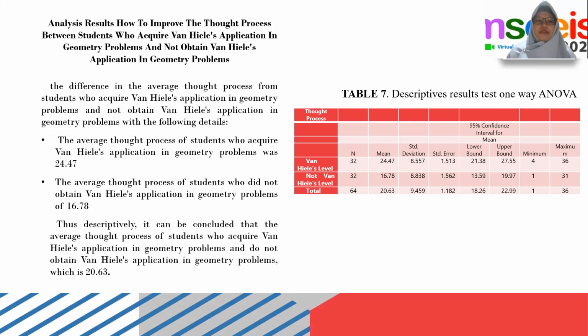Number 2, for students who did not obtain Van Hiele application, it was 16.7x. Thus, descriptively it can be concluded that the difference in effect is 20.63.